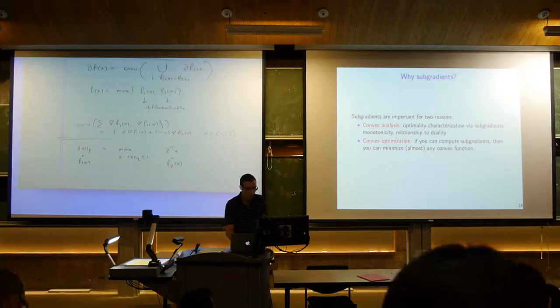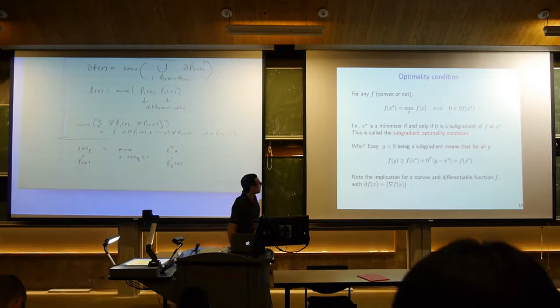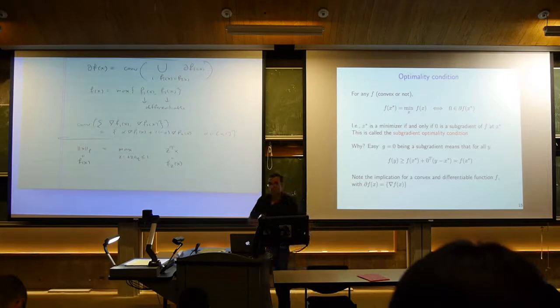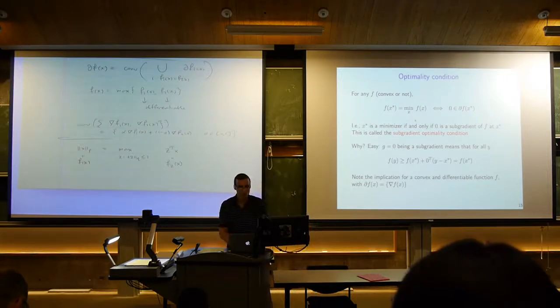Another very important aspect is convex analysis, and we'll return to that when we talk about optimality and duality and all that stuff. But here's a little preview. For any function, convex or not, it can be the weirdest, most non-convex function you could write down, you've minimized your function at the point x star if and only if 0 is in the subdifferential of f at x star.